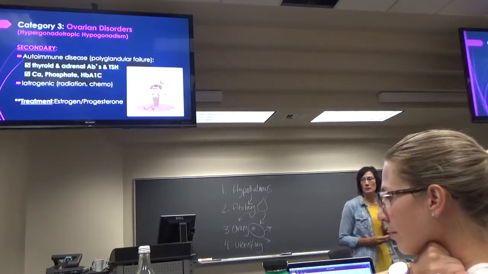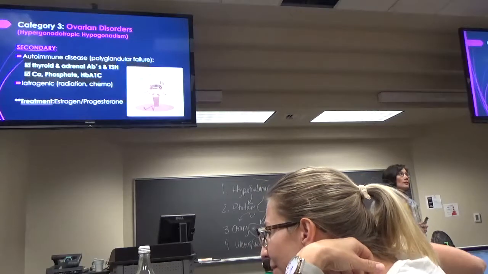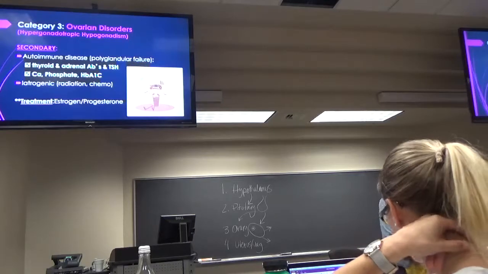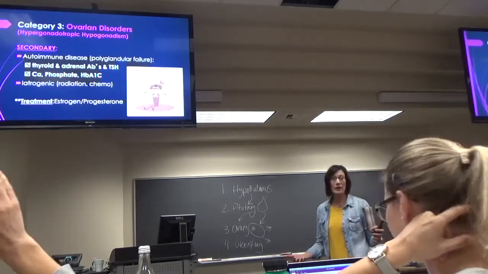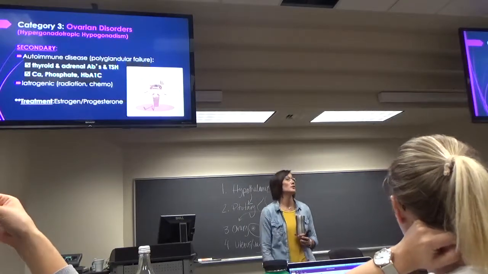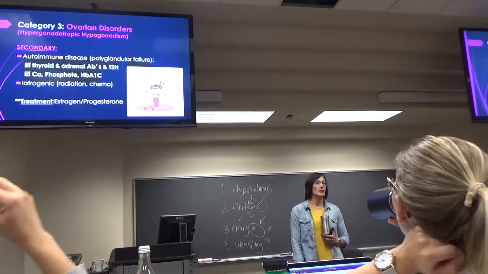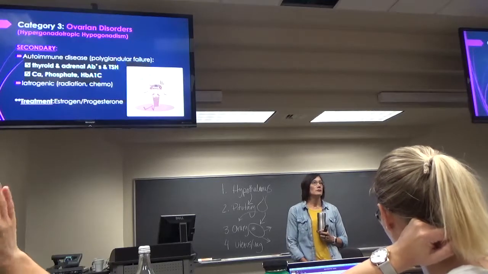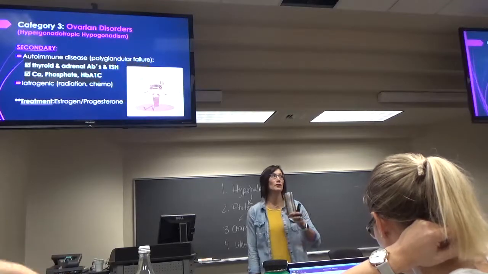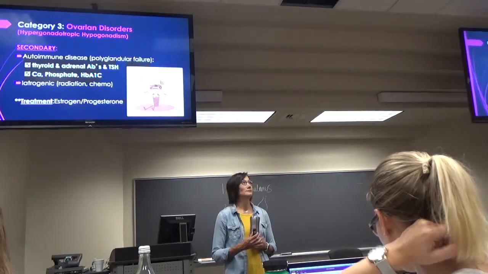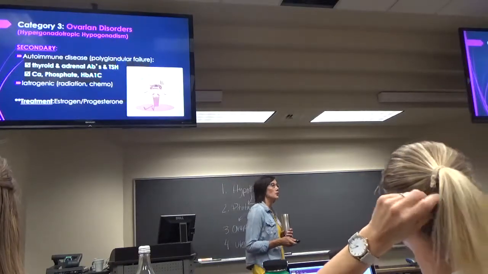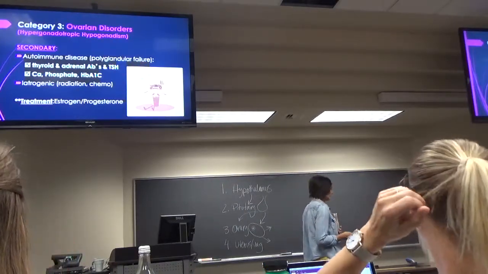And then there's, of course, that you've been radiated. Say you had cervical cancer and had some radiation, and secondarily you injure the ovaries, and the ovaries are beat up and sad. Different chemotherapeutic agents too can cause ovarian failure.